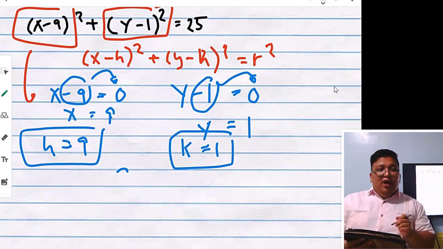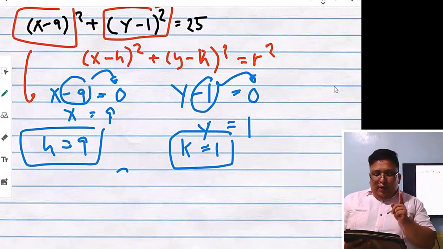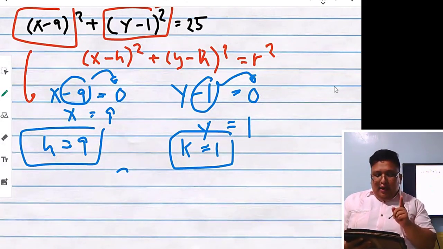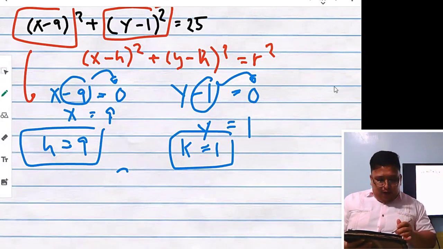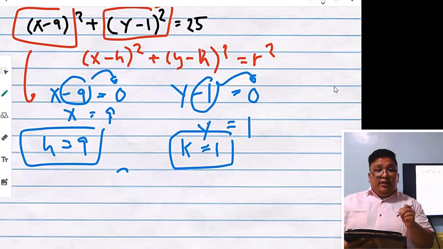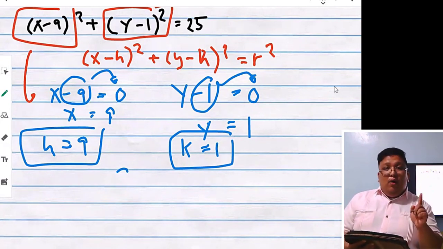So what's next? We're going to find our radius. In order to find the radius, we need to obey the rule. We need to put it in our equation. Our equation is (x minus h) squared plus (y minus k) squared is equal to r squared, and r is our radius.